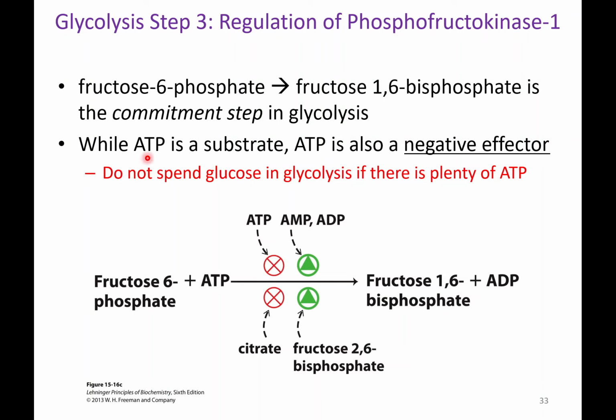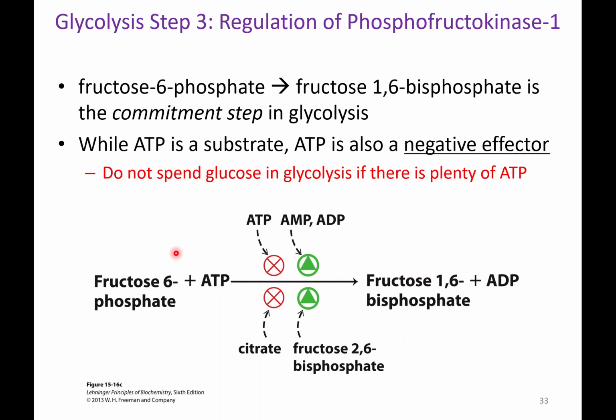So it has one site that binds ATP as a substrate and another site that binds it as an allosteric effector. And really why you want to regulate this step is you don't want to spend glucose in glycolysis if there's already plenty of ATP around. You want to save that glucose, primarily in the form of glycogen, to be brought back out when you need it.